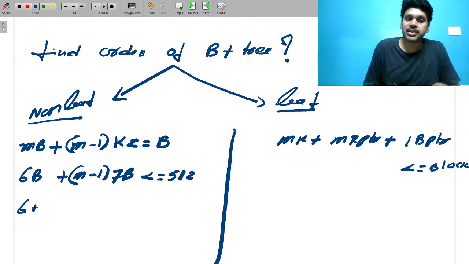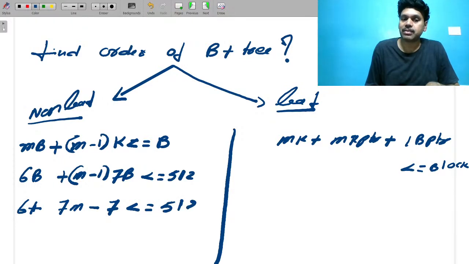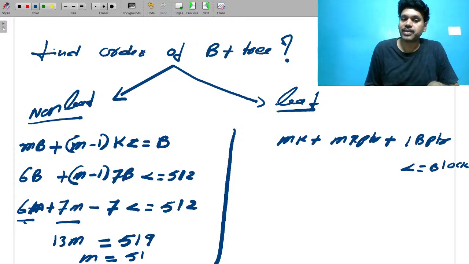Now 6M plus 7M minus 7 is equal to 512. So this is 6M plus 7M, 13M, is equal to 519. So M is equal to 519 by 13.